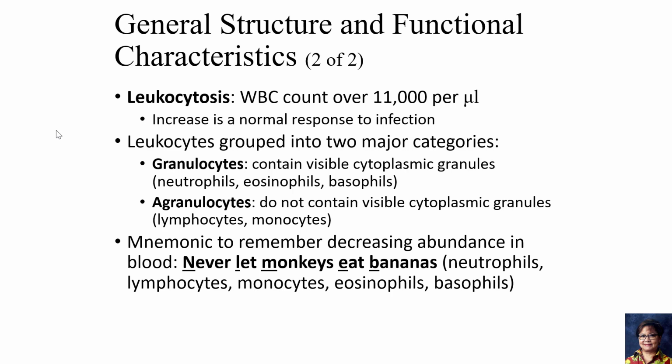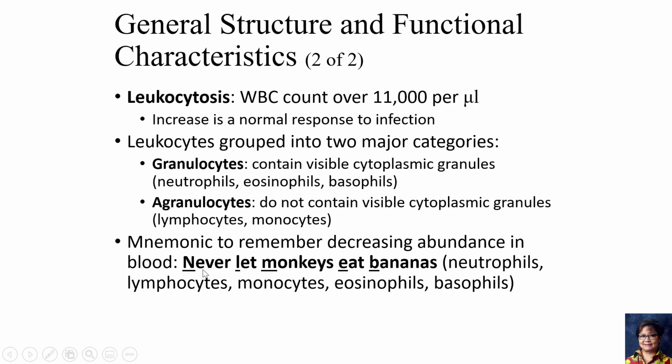Now, white blood cells come in varying abundance also in the blood. The most numerous of all the white blood cells will be your neutrophil, and the basophil is actually the least in number. And there is a mnemonic that you can use. Never let monkeys eat bananas.